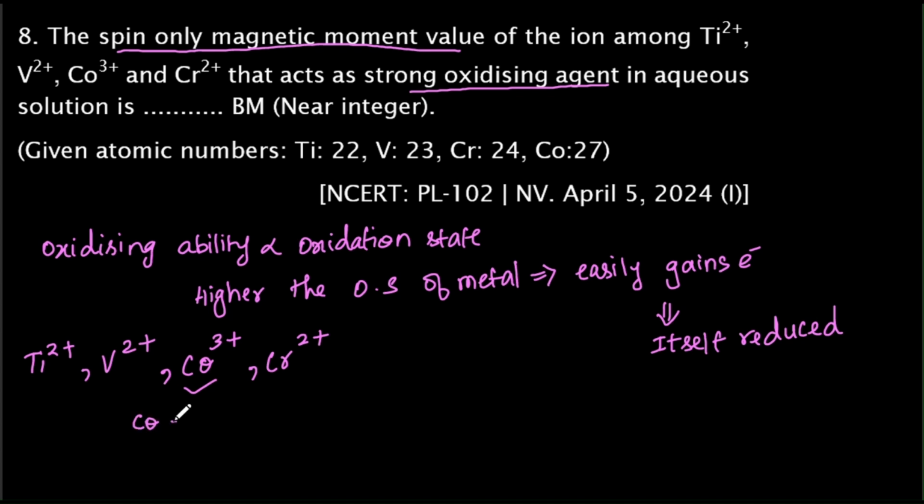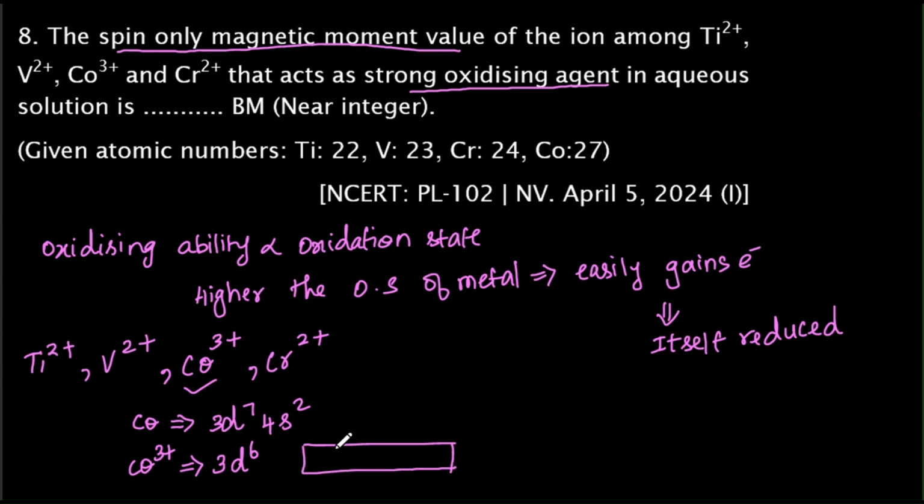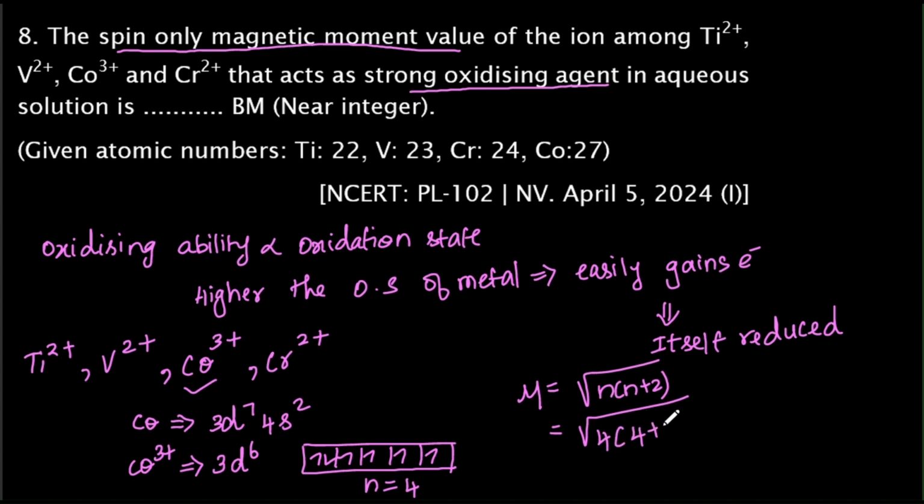So for Co, the electronic configuration is 3d7 4s2. Then for Co3+, 3 electrons are lost. So 2 electrons from the s orbital and 1 electron from the d orbital. So it leads to 3d6 configuration. Now you have to count the number of unpaired electrons. So 1, 2, 3, 4, 5, 6. So totally you are having 4 unpaired electrons, n equal to 4. Now the spin only magnetic moment value mu is equal to root of n into n plus 2, which is equal to root of 4 into 4 plus 2.